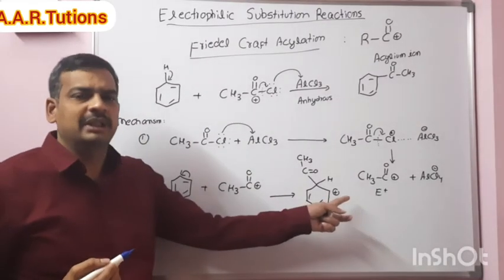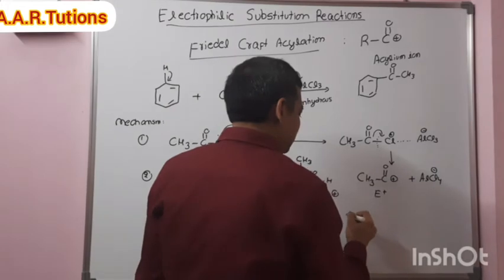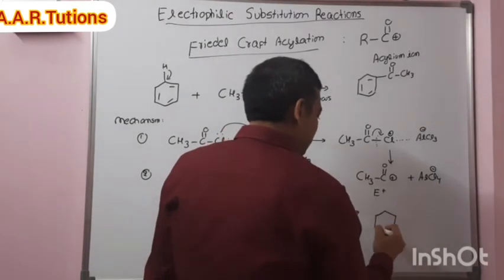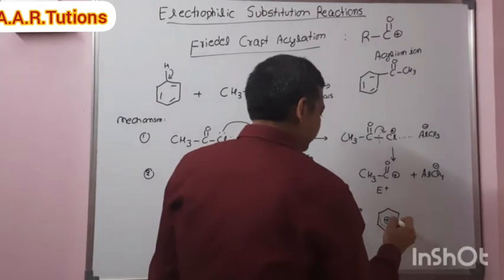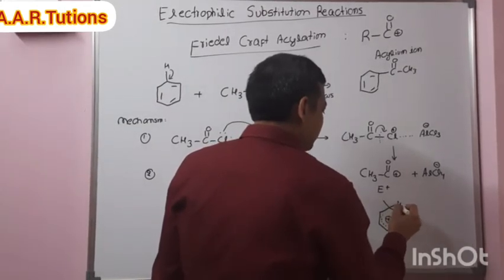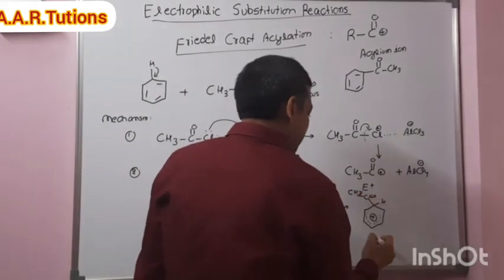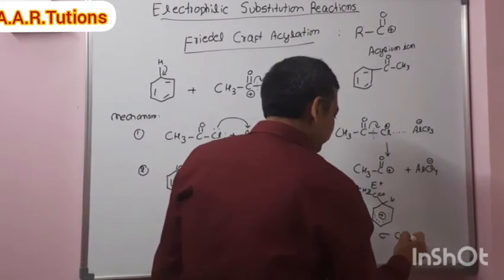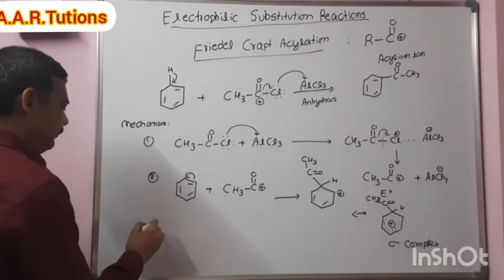This positive charge is stabilized by these two double bonds. I will write the sigma complex directly. This is the sigma complex formed in Friedel-Crafts acylation, with hydrogen and COCH3.